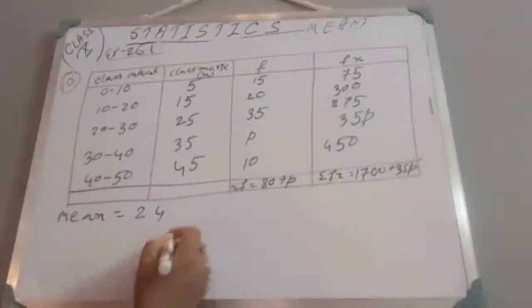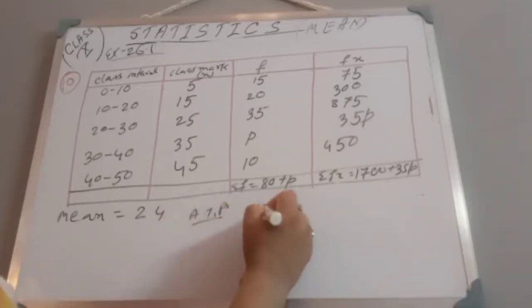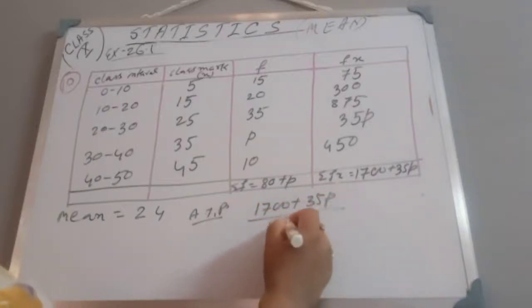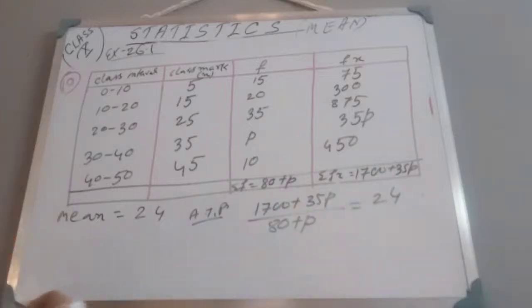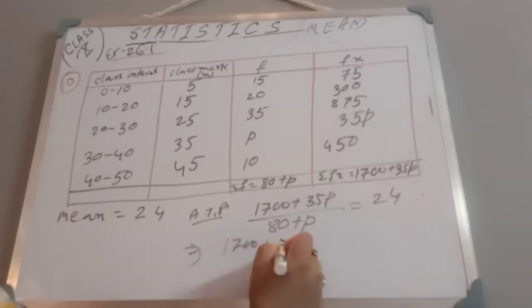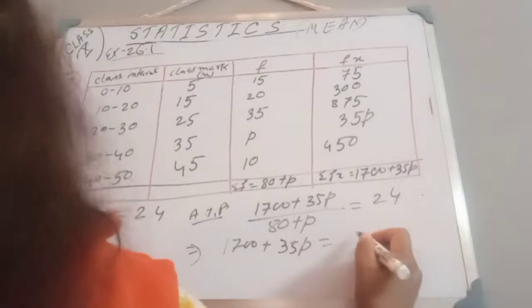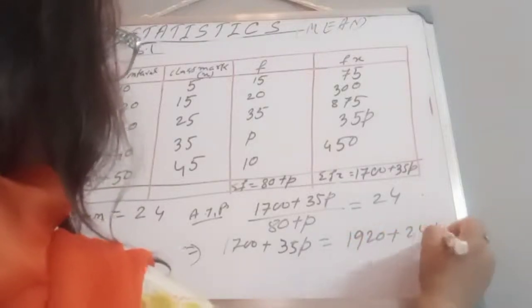Now according to the problem, 1700 plus 35p whole divided by 80 plus p is equal to 24. Just do this calculation and we will get the value of p. So 1700 plus 35p is equal to 24 into 80, which is 1920 plus 24p.